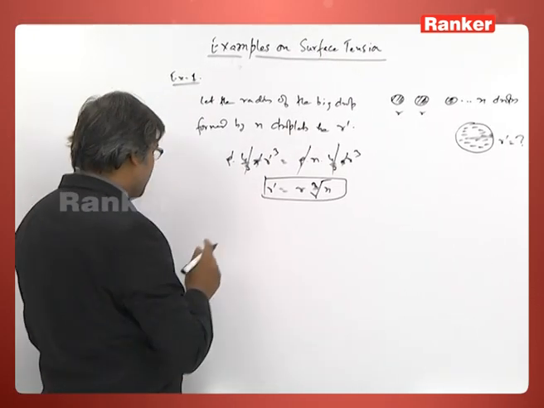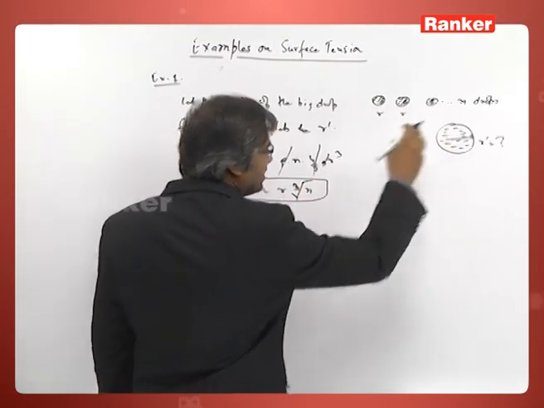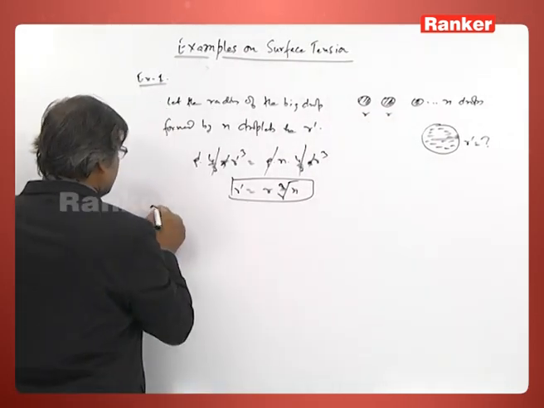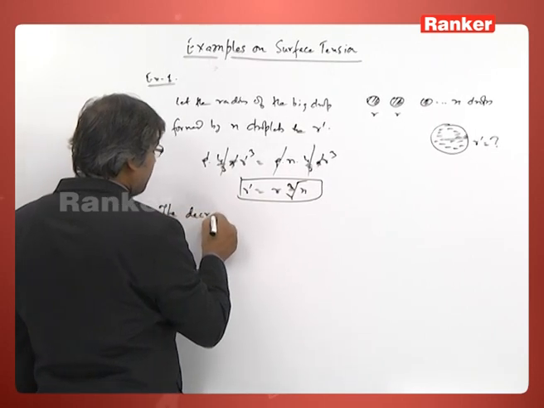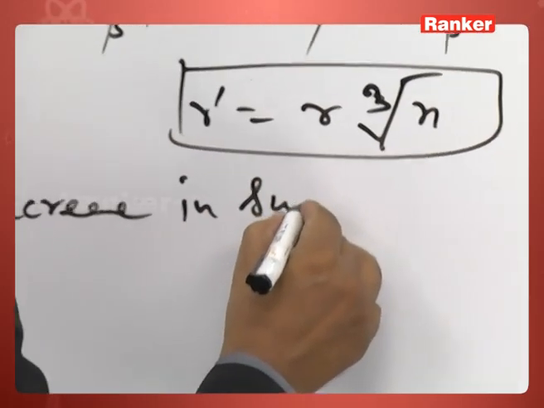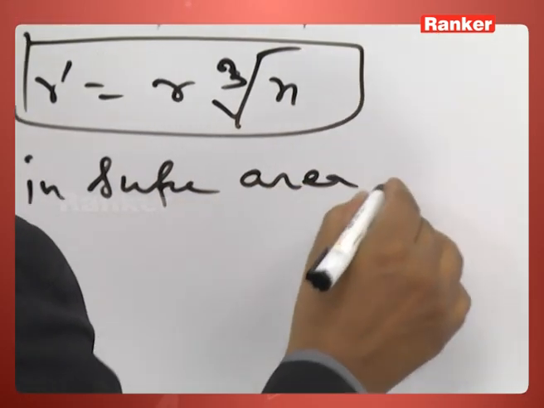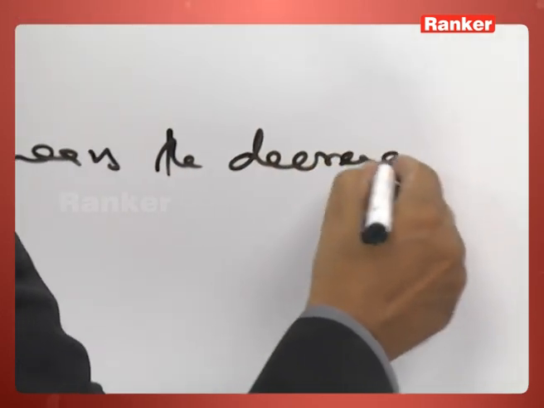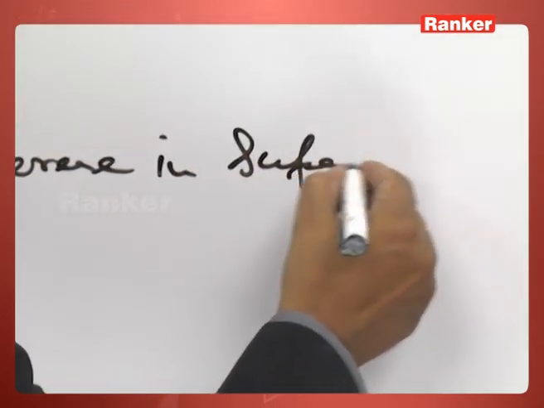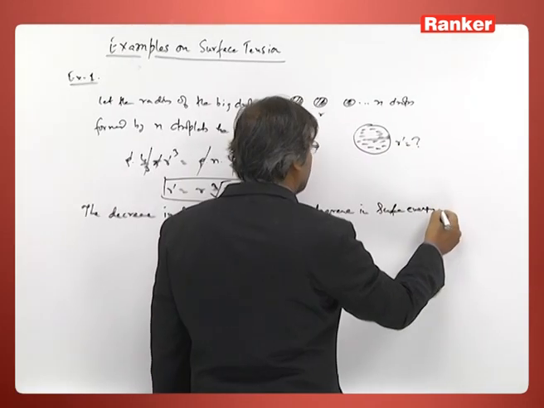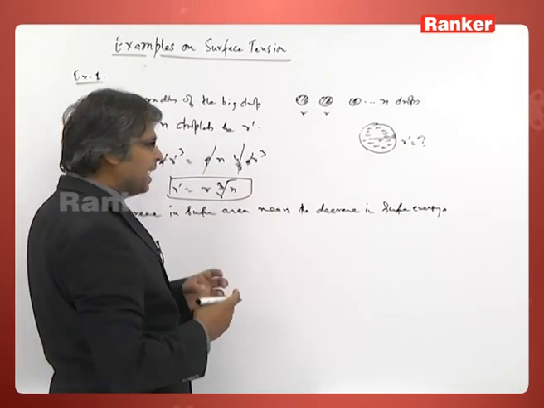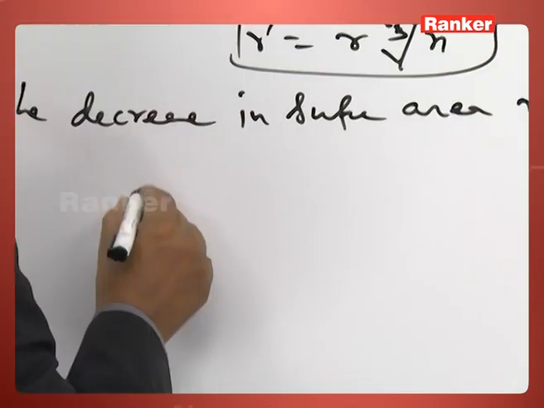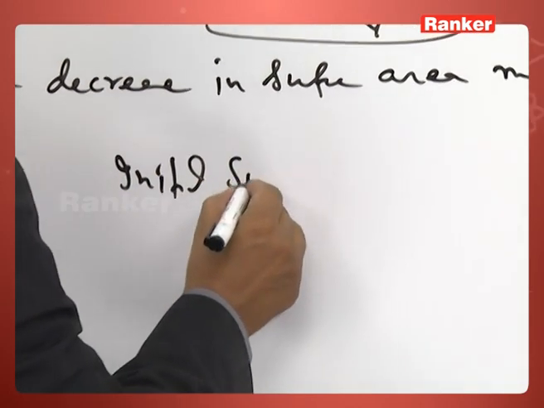Now you see what happens: the surface area is decreased. The decrease in surface area means the decrease in surface energy. So what amount of energy appears?